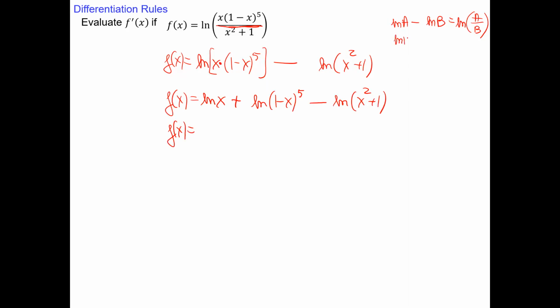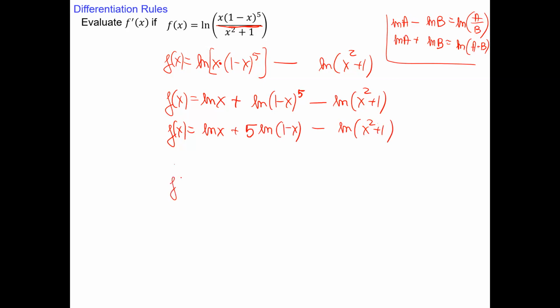Actually, what I did: ln of a plus ln of b is 1 logarithmic expression, a times b. Okay, that means this is fine: ln of x, and that exponent 5 can be placed in front. This one we cannot simplify, because when we have 1 logarithm of an addition, that's what it is.